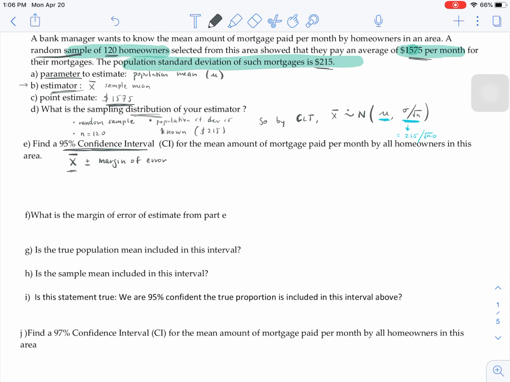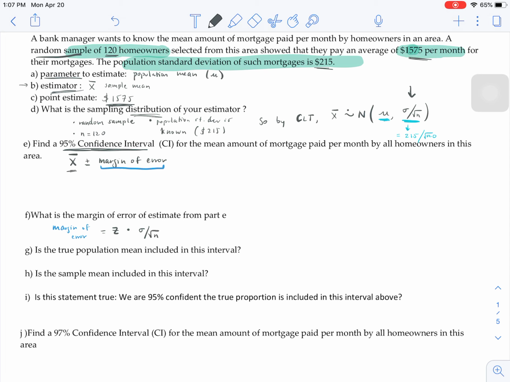How do we calculate our margin of error? Our margin of error, which we often will abbreviate with ME, is equal to a z statistic times the standard deviation of our estimator, which is sigma over root n.